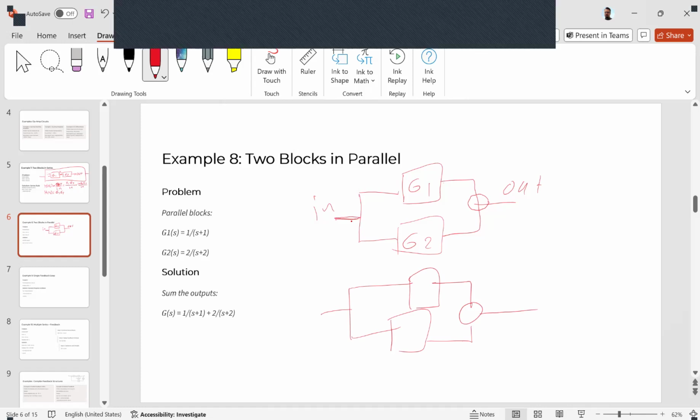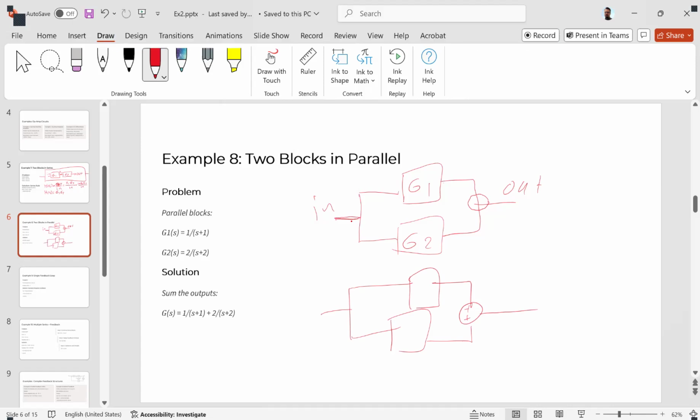Inside the circle you have the polarity of each input. So basically these two are added together to give you the output of that circle. This is how you might see it in the block diagram.